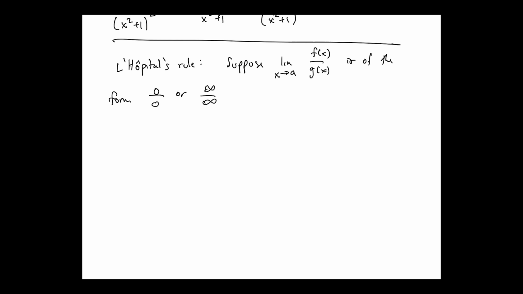So there's something on the top, I'll call that f, and something on the bottom, I'll call it g. And it's of the form 0 over 0 or infinity over infinity, one of the two. Then the limit as x goes to a of f of x over g of x, the original problem we cared about, is equal to the ratio of the derivatives.